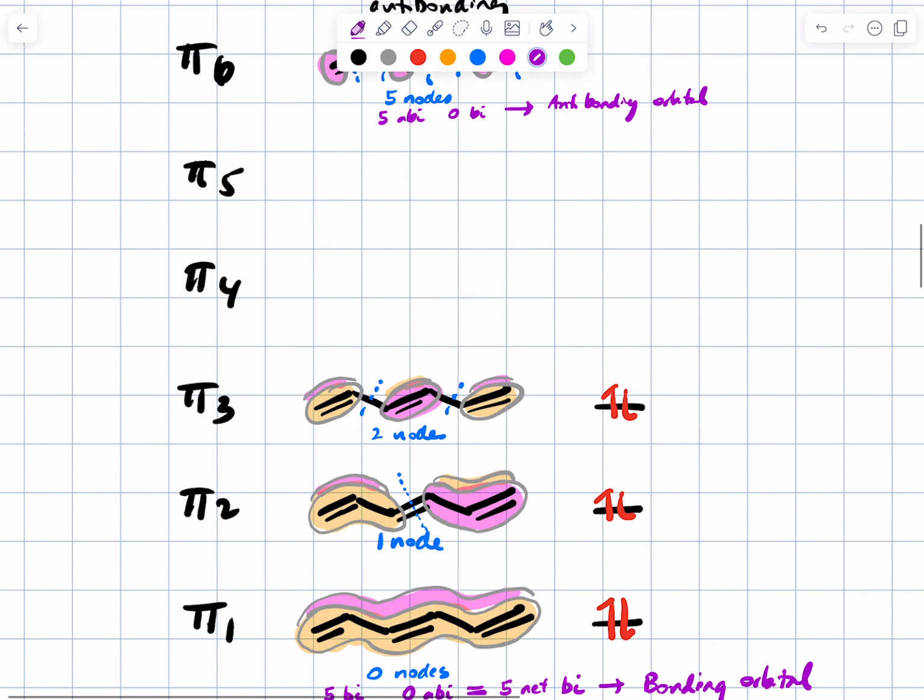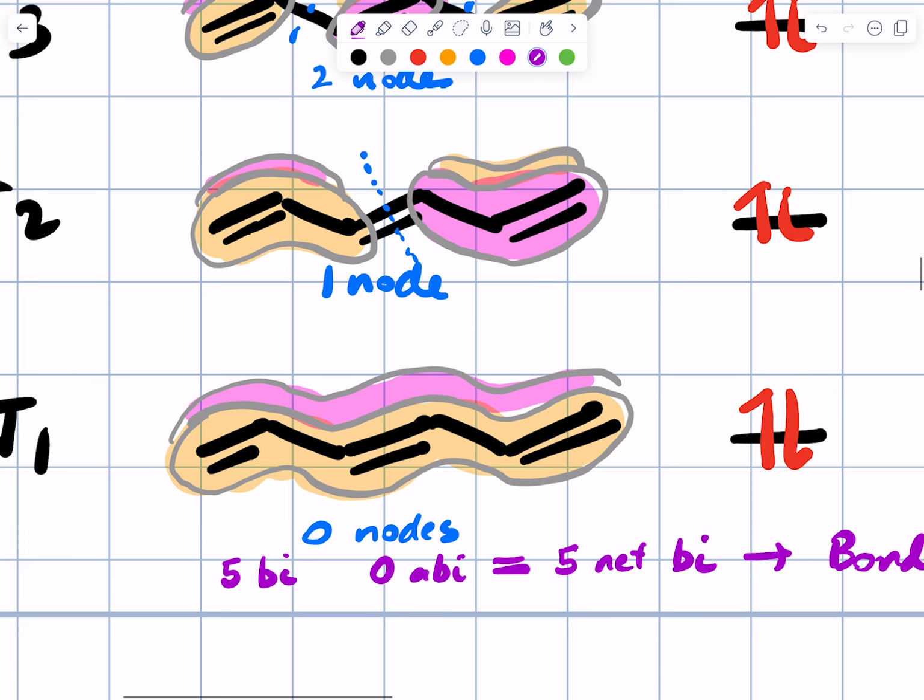Similarly, we can do the analysis for pi2. How many bonding interactions do you see there? 1, 2, 3, 4. Do you see where I'm counting them? 1 here, 1 here, 1 here, and 1 there. Number of times adjacent atoms have the same wave function sign. How about anti-bonding interactions? Just 1, right? So I'm going to subtract the 1 anti-bonding interaction from the bonding interactions.